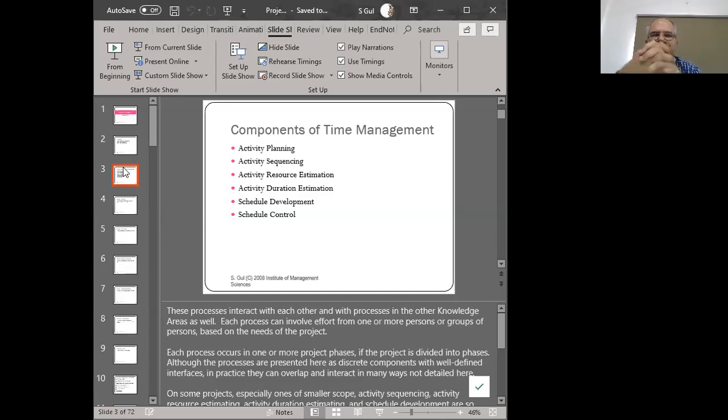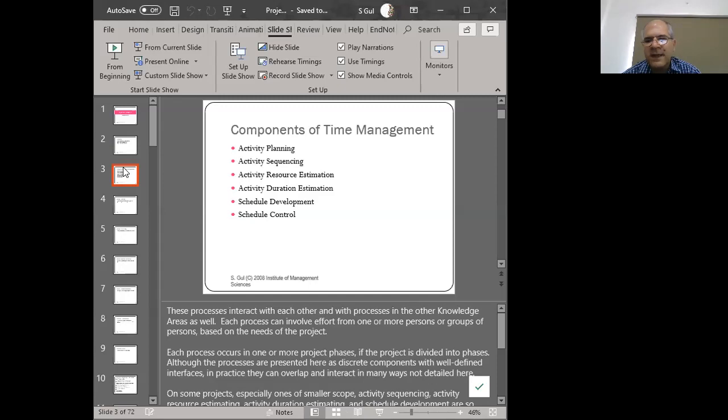But the discrete set of concerns that we have when planning an activity is that we're trying to plan when to begin that activity and the nature of that particular activity, right? So we're thinking about a particular deliverable, and then we're breaking it down into smaller activities, and we're saying that these are a set of activities that an individual or a group has to perform. So that's the idea of activity planning.